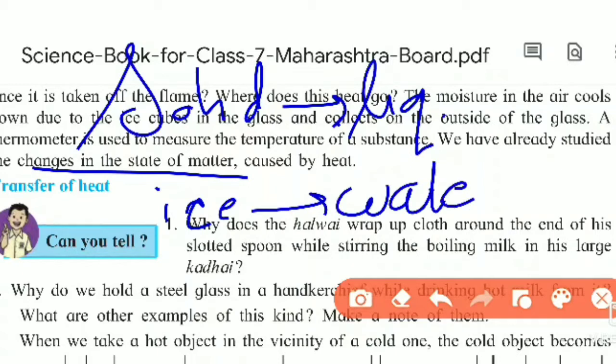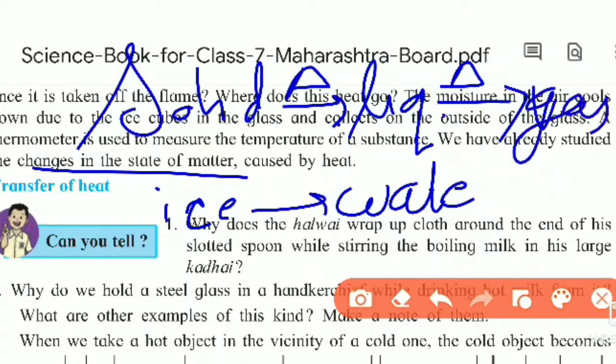When we provide heat to it, and if we provide heat again, heat shown by delta, it turns to vapors, meaning gases, water vapors. Now if we take the heat out of water vapor, it condenses and becomes liquid again.